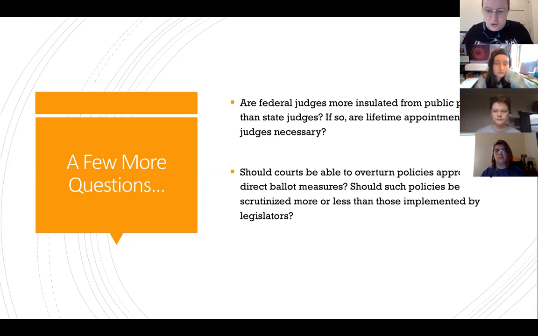And should courts be able to overturn policies approved by direct ballot measures? Should such policies be scrutinized more or less than those implemented by legislators? So again, this is a question on whether or not courts should be able to overrule what the majority has voted on. So I'm curious to hear what you think.